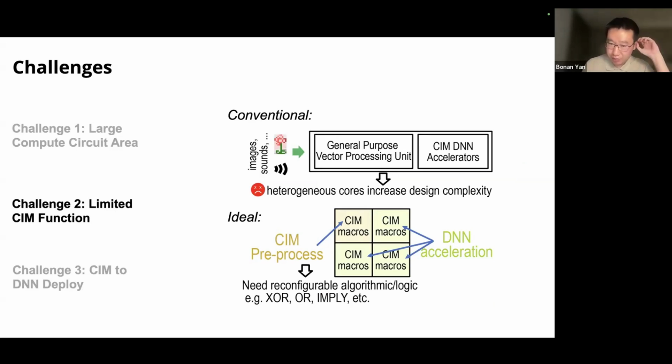As we will see in my subsequent works, we have a lot of new applications and various purposes for using this computing memory design. Therefore, the circuit design has to fulfill various functions, for example AND, OR, and other bitwise computation instead of only matrix multiplication.